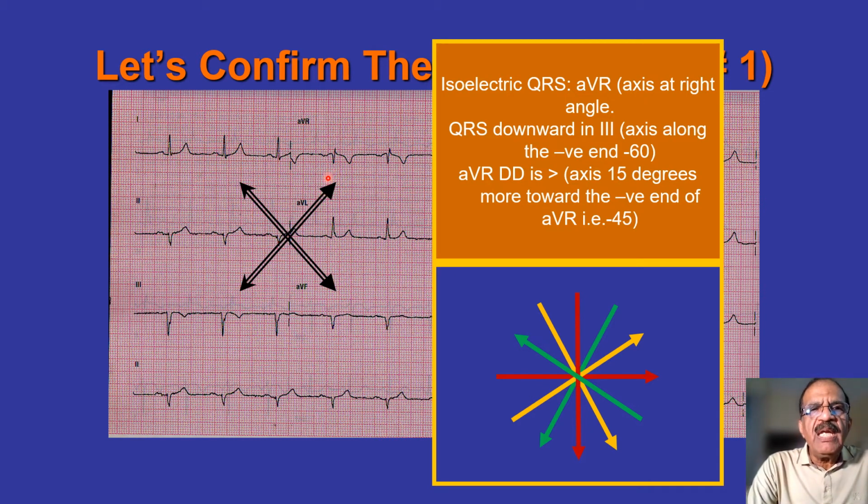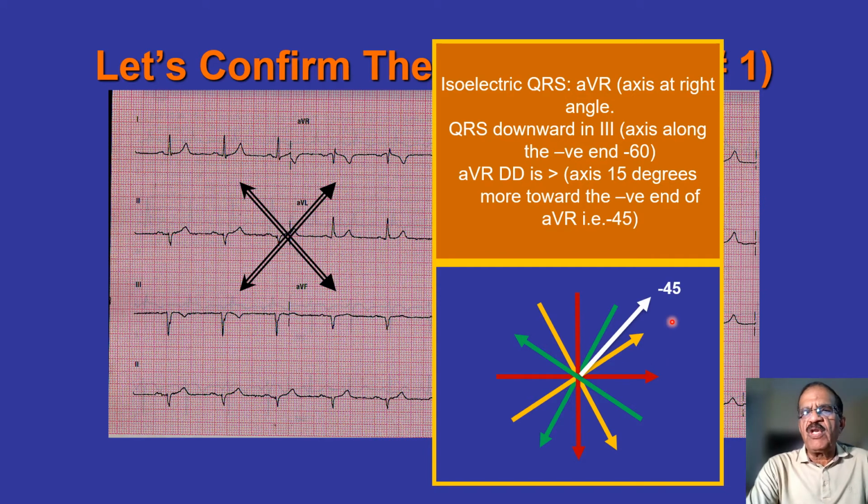You all agree that in AVR, the downward deflection is bigger. So if this is AVR and the downward deflection is bigger, and this is the negative terminal, we will turn our axis toward the negative terminal of AVR. That means minus 60 will be converted into minus 45.